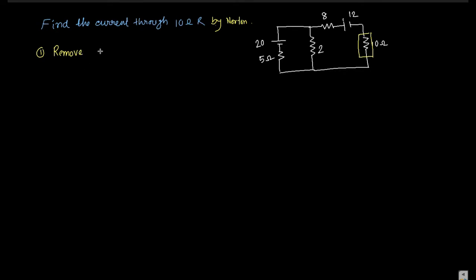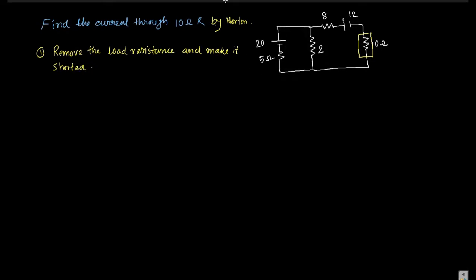Remove the load resistance and make it shorted, because this is the basic difference between Thevenin's and Norton's.